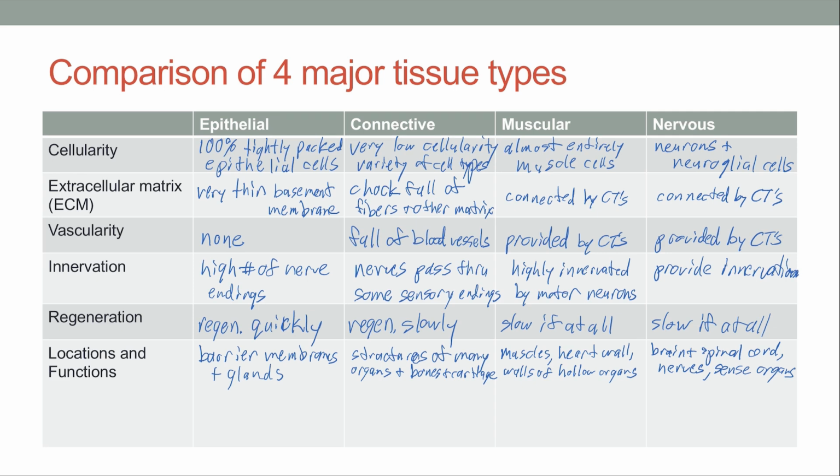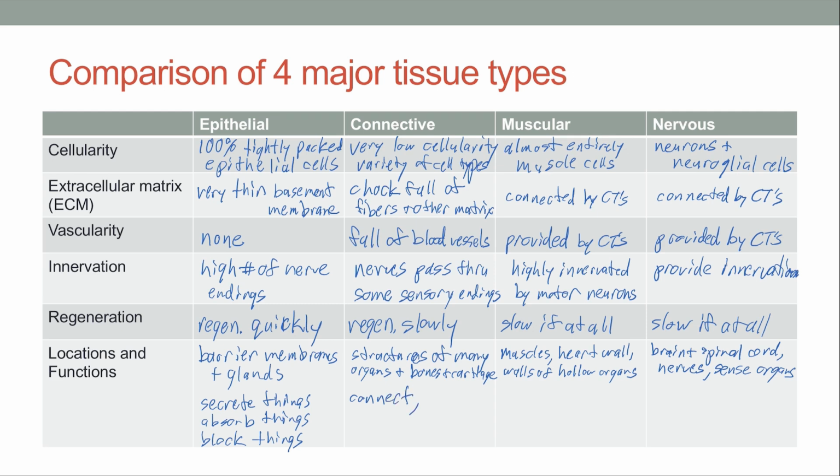What do they do? Functions? Epithelial tissues secrete things. They selectively absorb things. And sometimes they block things. Okay. Connective tissues obviously connect things. That's how they get their name.